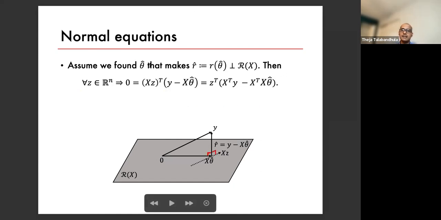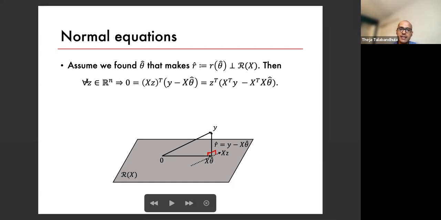So let's say we have a theta hat for which the residual vector is perpendicular to the range space. Remember, the residual vector is m-dimensional, x theta is m-dimensional, and y is also m-dimensional. Then what does it mean?